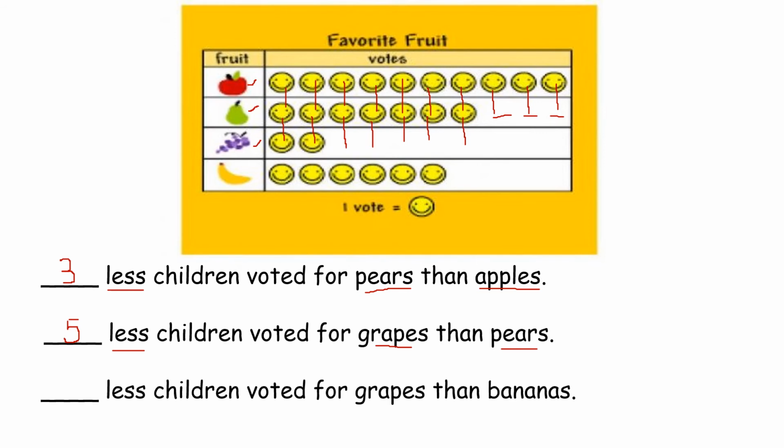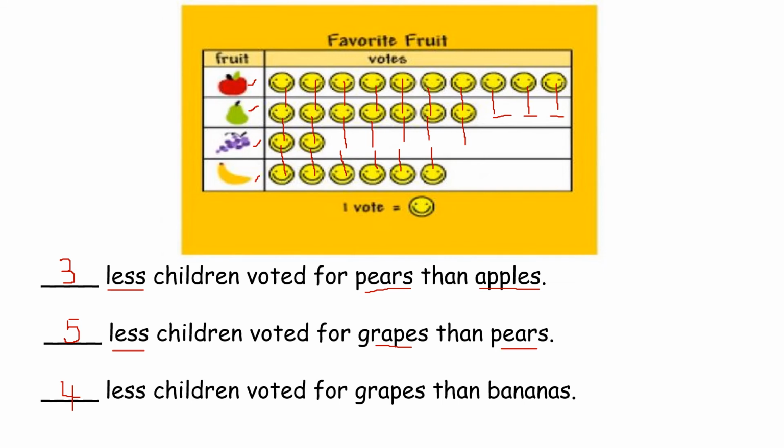Then we have how many less children voted for grapes than bananas. So we're going to match. How many missing? 1 missing, 2 missing, 3 is missing, 4 is missing. So we have 4 less children, right, voting for grapes than bananas.